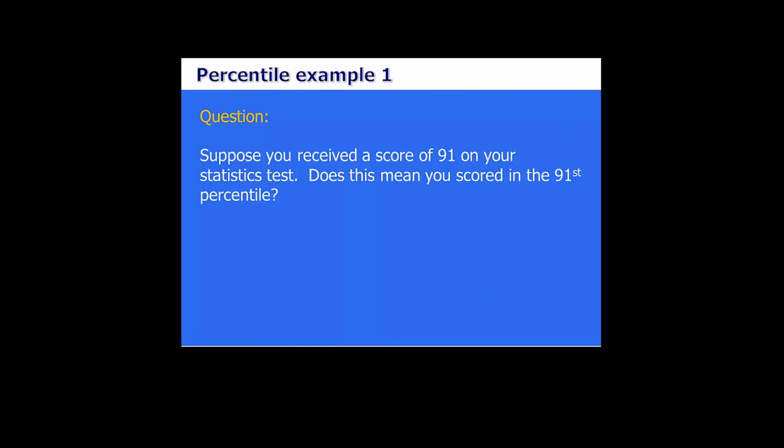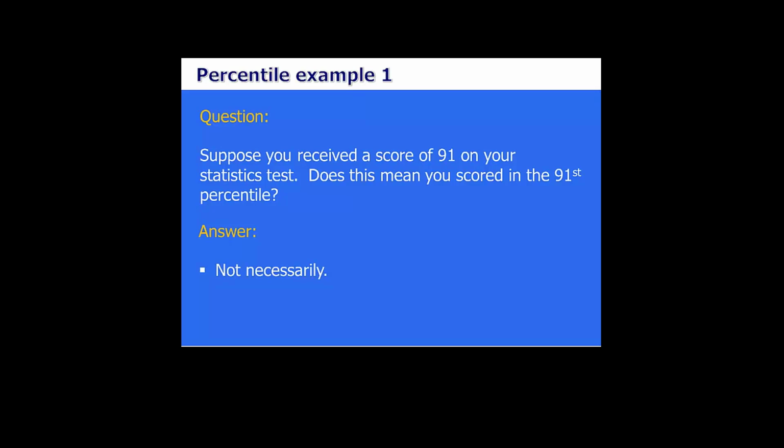Suppose you received a score of 91 on your statistics test. Does this mean you scored in the 91st percentile? Maybe, but probably not. For example, if your test score were equal or better than 75% of your classmates, your test score would be in the 75th percentile.